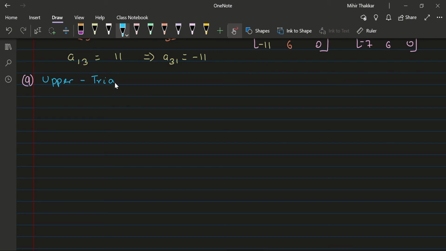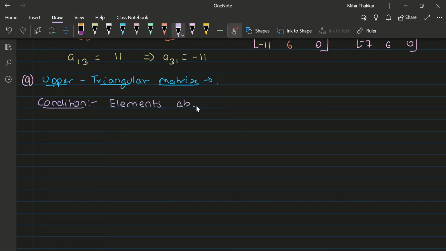So the condition for the upper triangular matrix is that the elements above diagonal should not be equal to 0 and elements below diagonal have to be equal to 0.